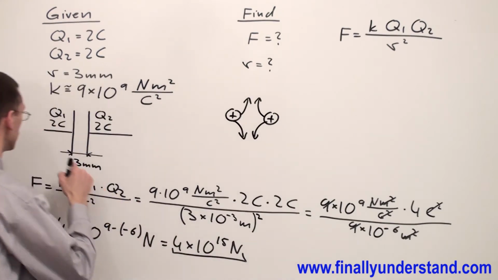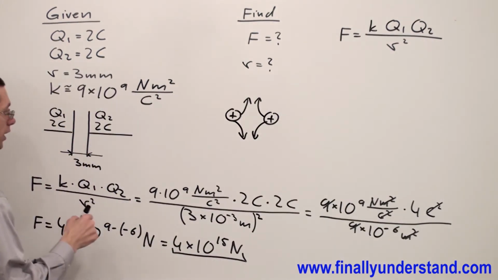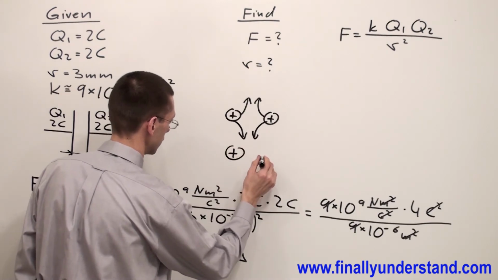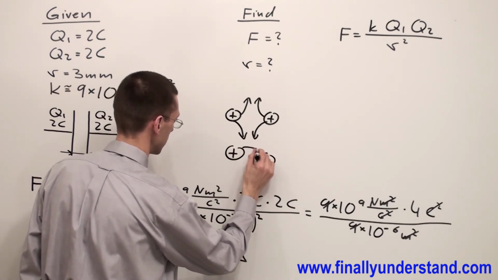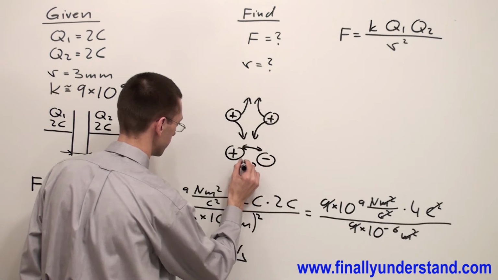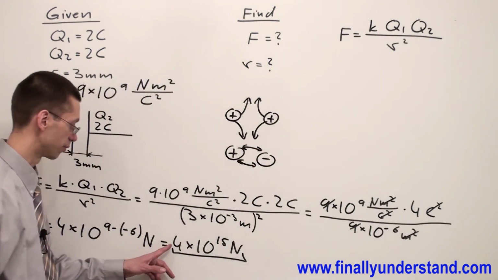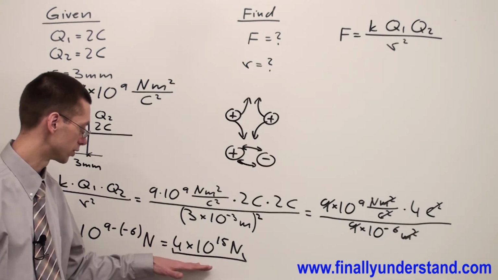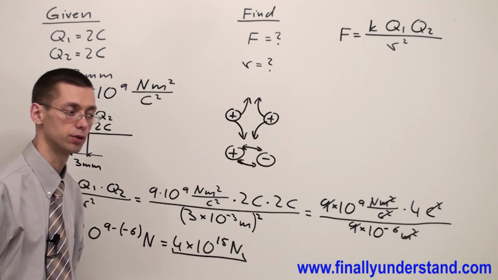If one of them would be negative, they would attract. Remember, when we have positive and negative, they attract each other. So because we have a positive value of my force, this is the repulsive force.